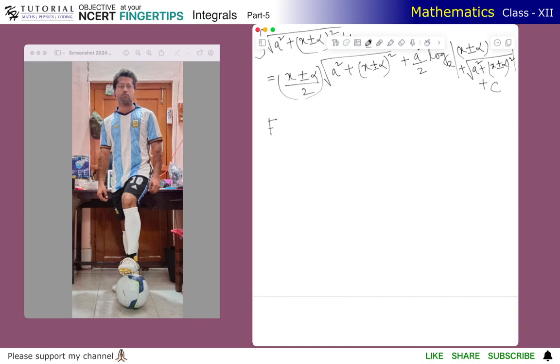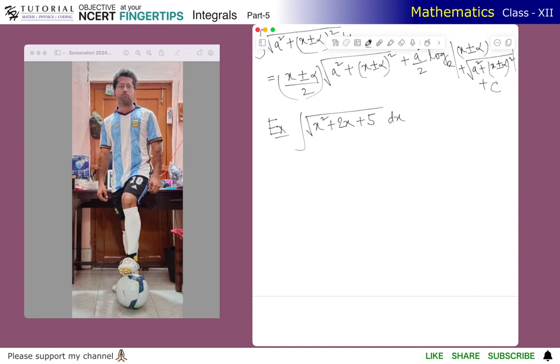Let's say we are trying to solve the integral of root over x square plus 2x plus 4 minus 4.